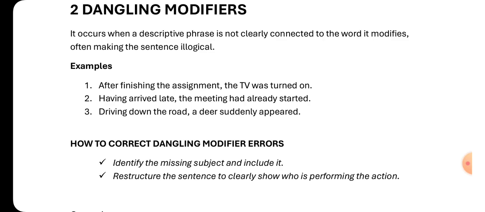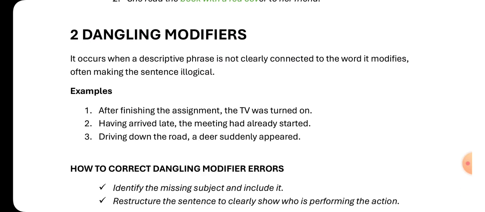In simple terms, a dangling modifier is when a phrase is not clearly connected to a word it modifies. That's all.